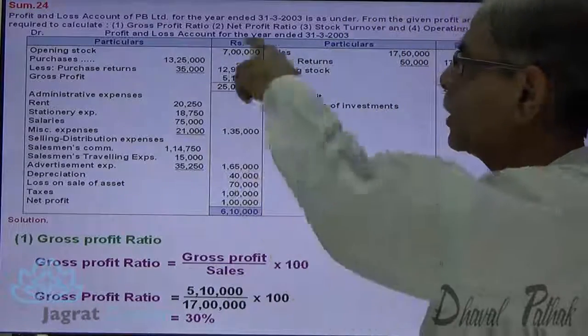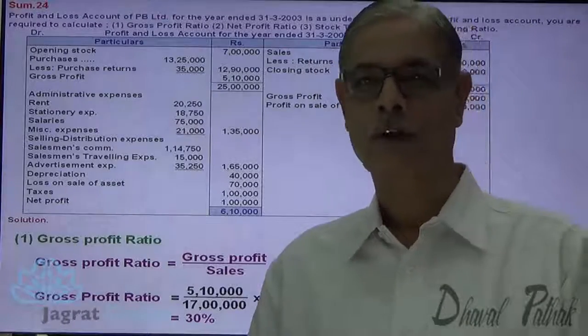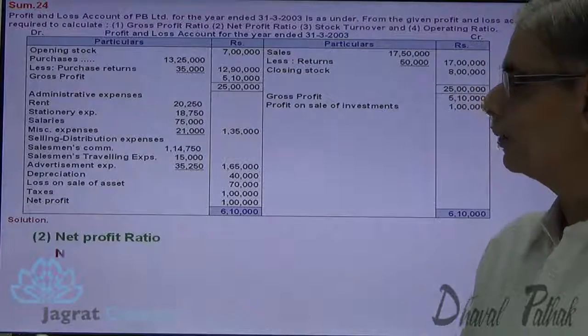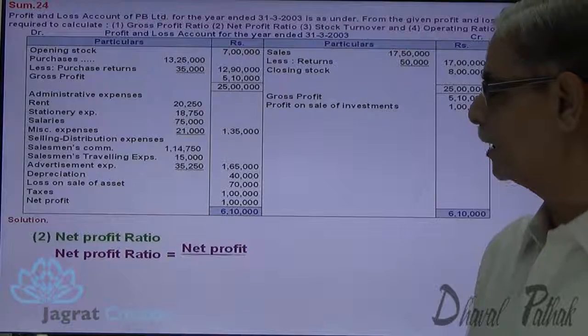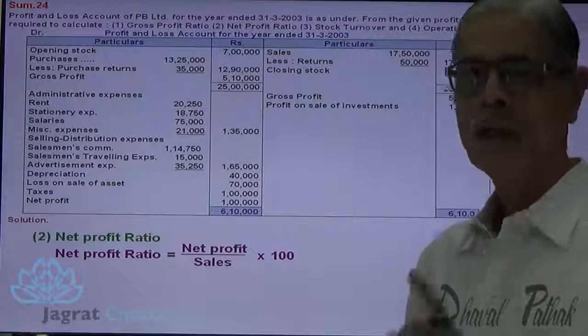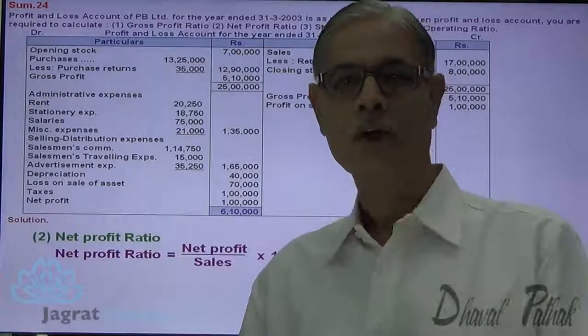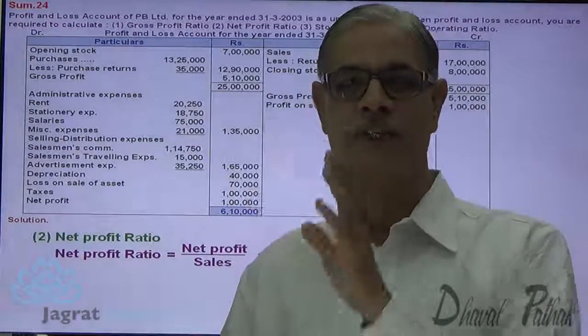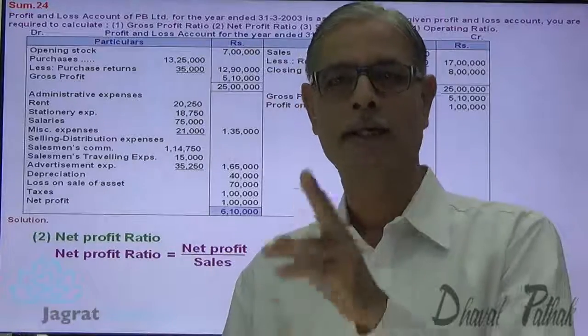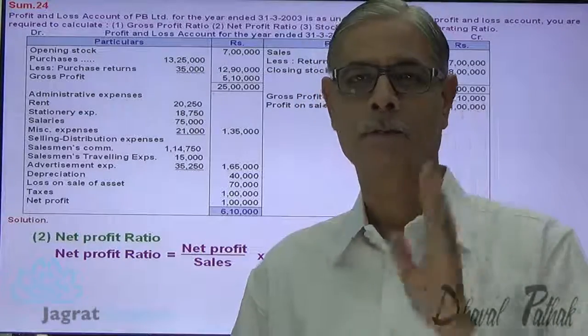Now after this gross profit, we are required to calculate net profit ratio. The formula for net profit ratio, net profit divided by sales into 100. Remember that the net profit disclosed by profit and loss account is subject to change in light of non-operating losses and non-operating income.